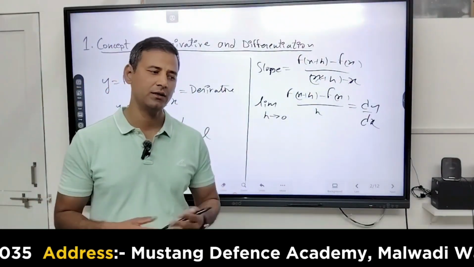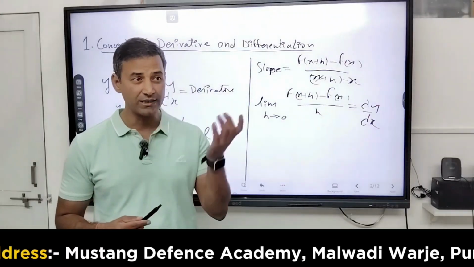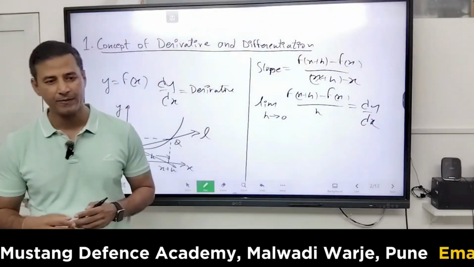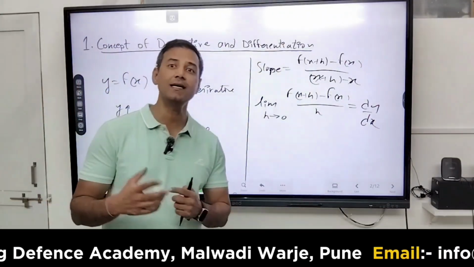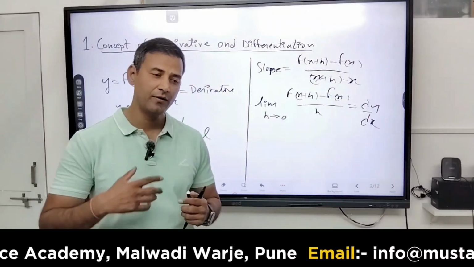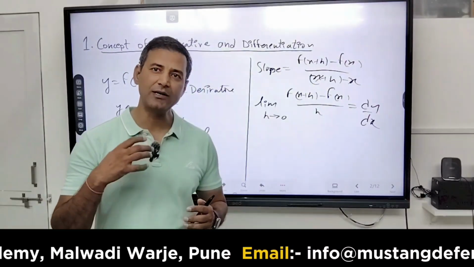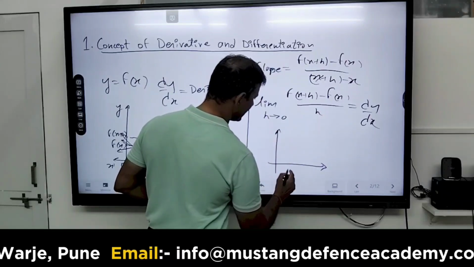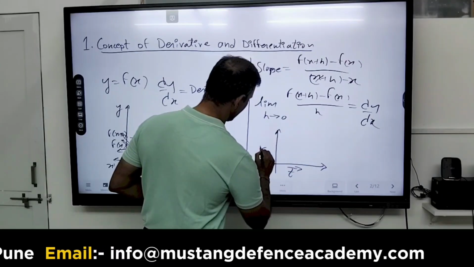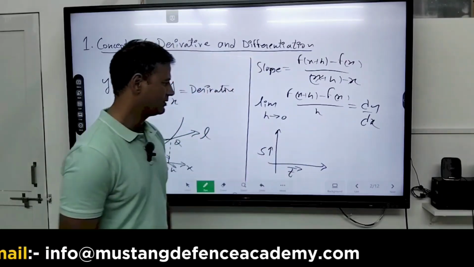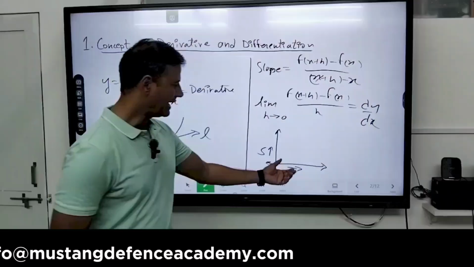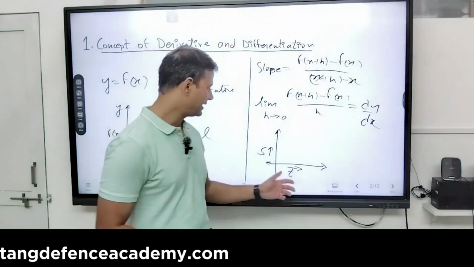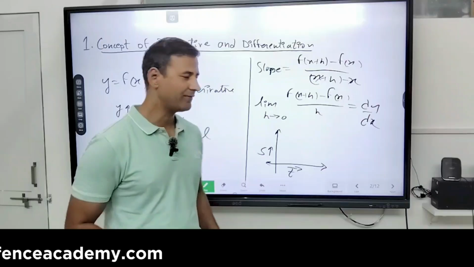Now let us see the physical connotation of derivative. As I told you, it is the rate of change of the dependent variable with respect to the independent variable. Let us have a time and distance graph, where S is the distance. Time is the independent variable and distance is the dependent variable.